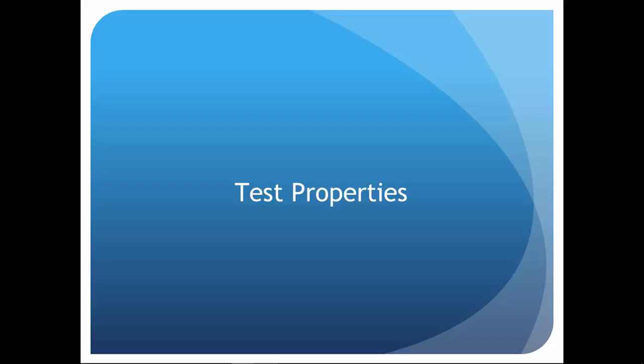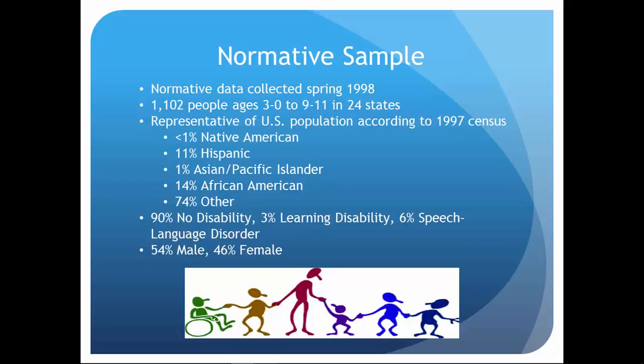Okay, the next section is going to be about some of the properties of the test. The normative sample data was collected in the spring of 1998 and included a little over 1,000 people ranging in age from 3 years to 9 years 11 months. And the data was collected from 24 different states.